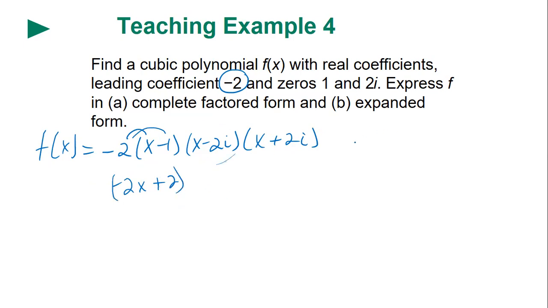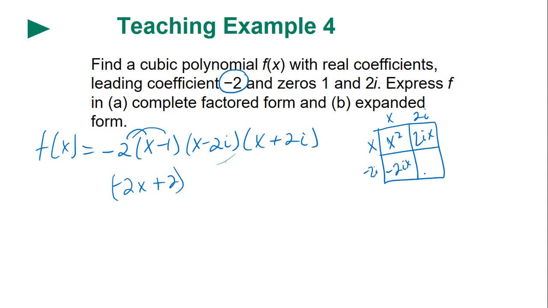For this one, if you're more comfortable than distributing, you're going to box. So I'm going to draw my little box real quick. I have x minus 2i. I tried to be nice and give you numbers we already did, but good practice, right? x times x is x squared. x times 2i is 2ix. x times -2i is -2ix.